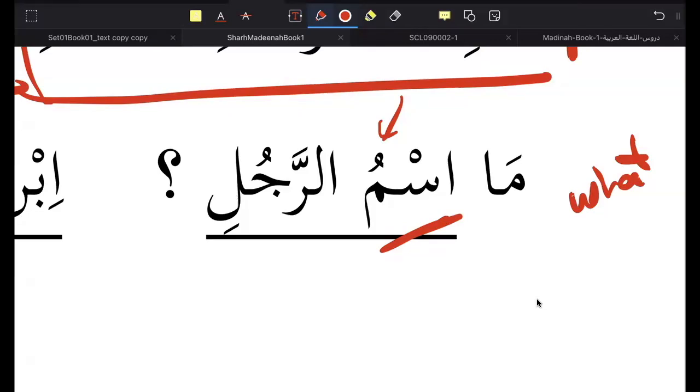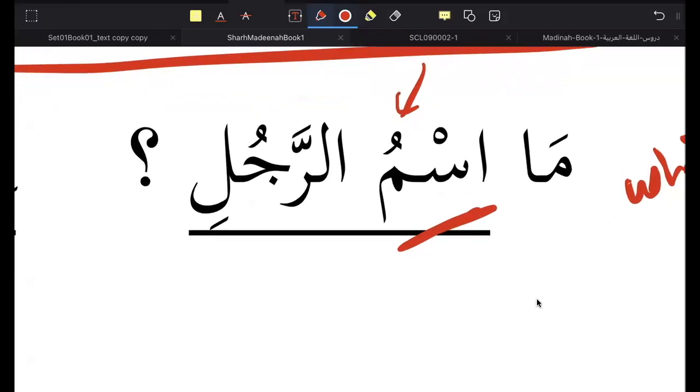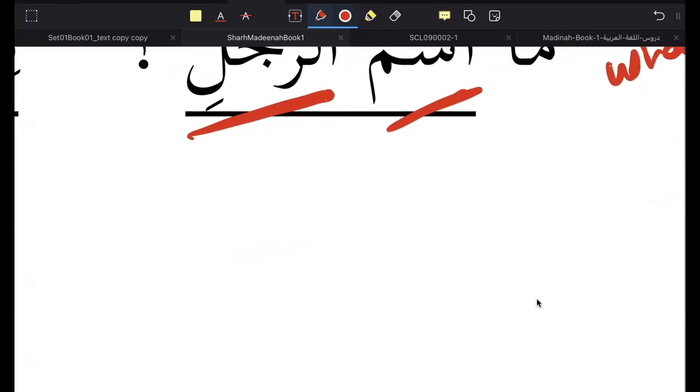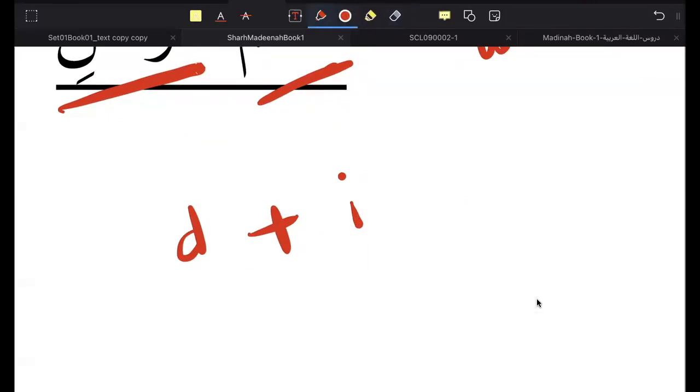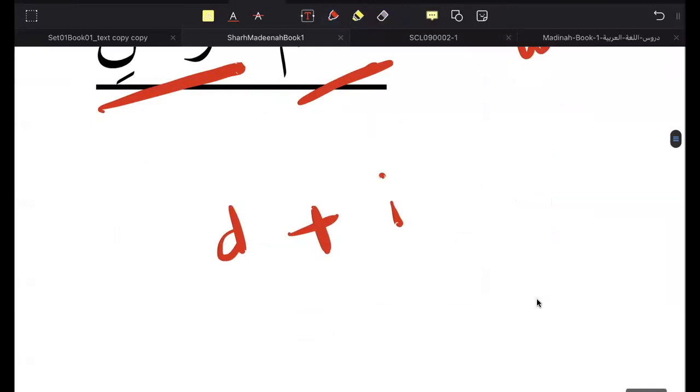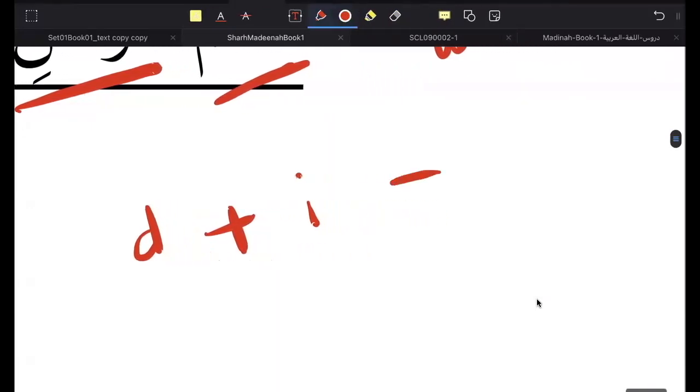If it looks indefinite and the second word looks definite, then there is a very good chance, I would say more than 90% chance, that it would be your possessive construction. If you recall, last time we said if the first word is definite and the second word is definite, what did we say? What is the default situation about this type of arrangement? Anybody remember? A sentence.